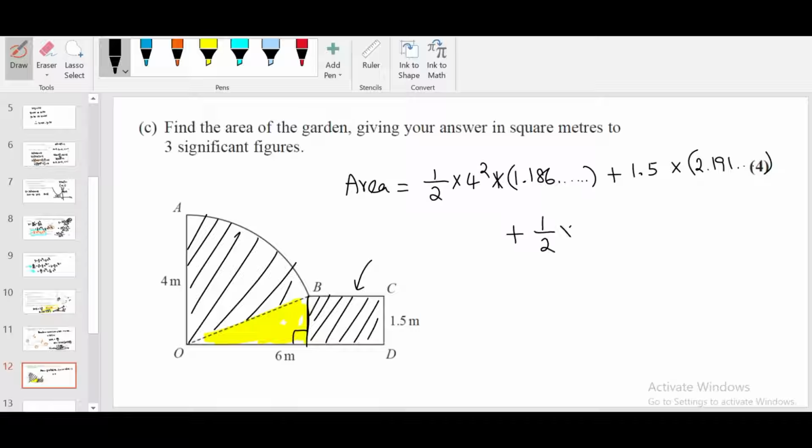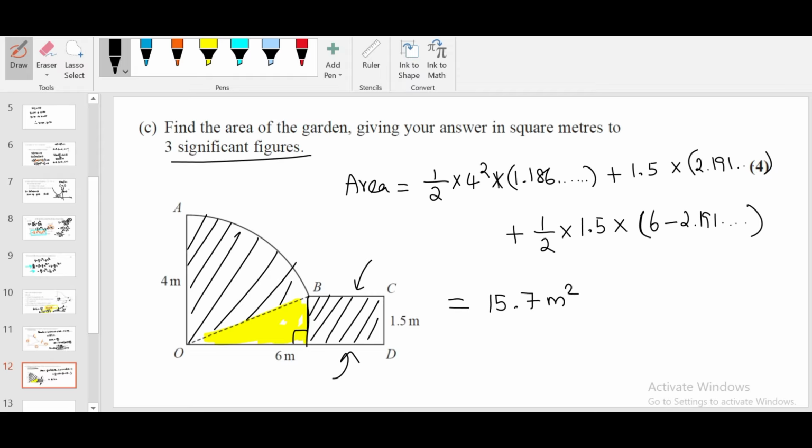Height is 1.5, base is the total length 6 minus the length of BC. This will give you the total area. So I got the answer 15.71, etc. They want 3 significant figures, so 15.7 meters squared. That's the answer.